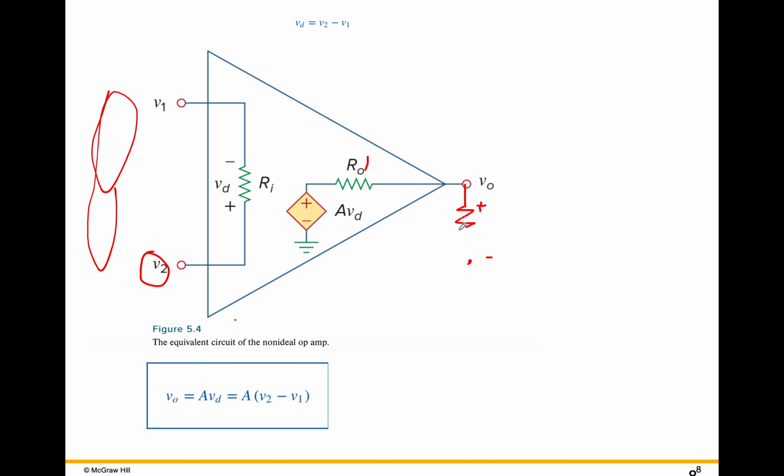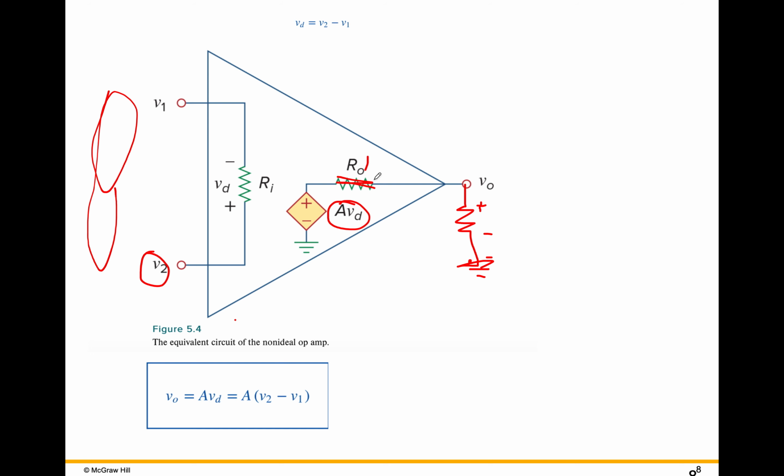So we'll put a load out here. And the output voltage will just be the voltage drop across this load. If this resistor is 0, then basically this voltage divider looks like this entire A V sub D gets dropped across the load. If this is not 0, then a couple things happen.